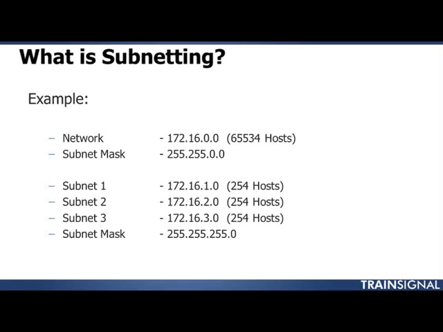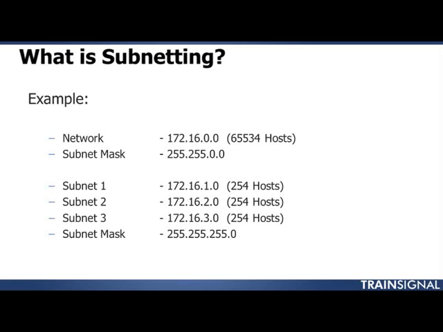So what we have the ability to do, if we're working within that 172.16 range throughout the entire company, is break it down and say, all right, let's move our subnet mask over. We're going to move the dividing line between the network ID and the host ID, and we're going to now make it 255.255.255.0, and we're going to say that the first subnet within this big 172.16 network is 172.16.1.